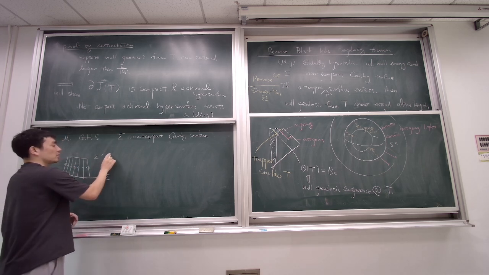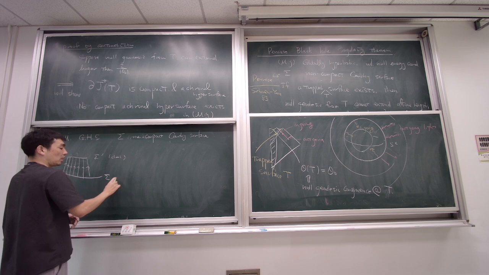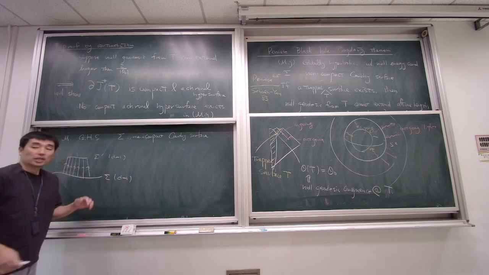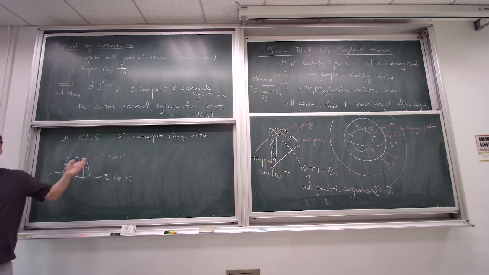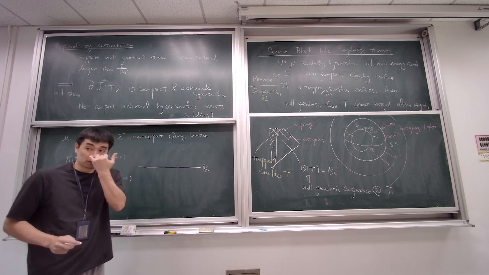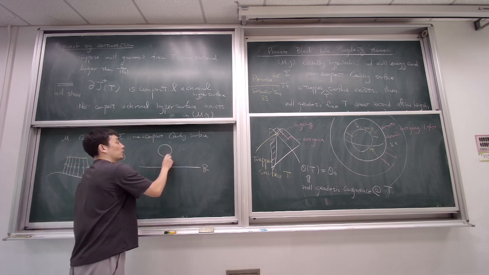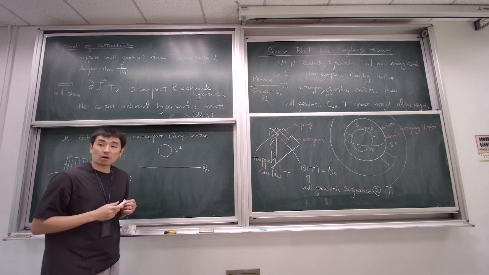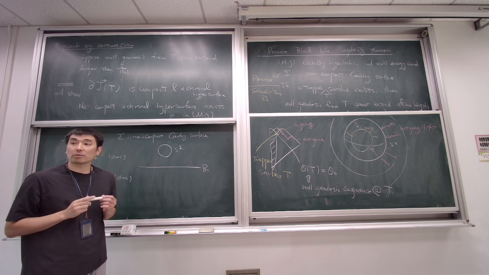This is a d-1 dimensional hypersurface. You cannot embed a compact d-1 dimensional hypersurface into a non-compact d-1 dimensional surface. Let me give you an example. R is a non-compact one. S1 is the compact one-dimensional manifold.